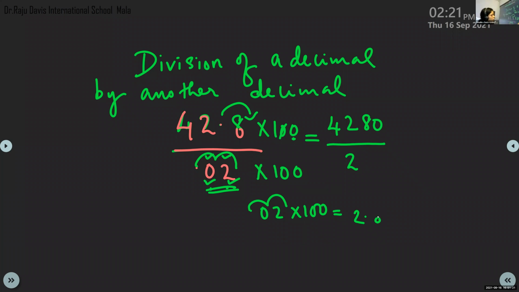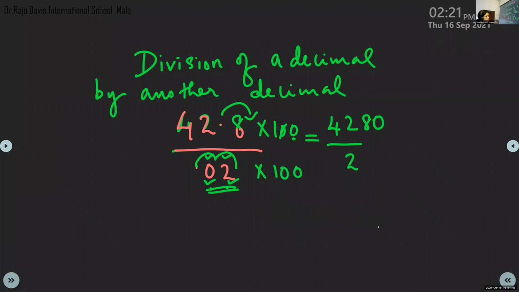Ma'am, in the first one, can we write 4280.0? 4280.0, no problem. Correct. This is also 2.0, no problem. Now, it is not needed because we are going to divide it, so actually writing the number is enough. 4280 by 2. So, what is the answer you get?